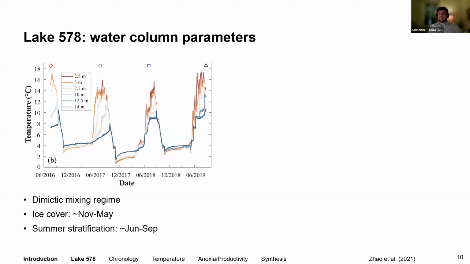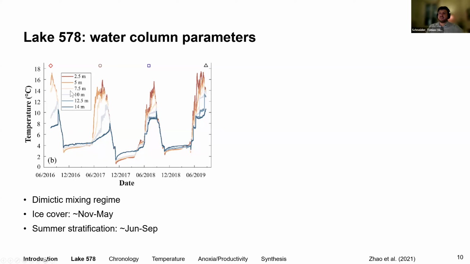The water column properties have been measured and monitored from 2016 through 2019. And so this is the temperature profiles, water temperature over time from 2016 to 2019. And each of these lines represents a thermal temperature logger that was deployed in the lake at different altitudes. So, for example, the dark blue one is the bottommost recorder, and the dark red one is the topmost recorder.